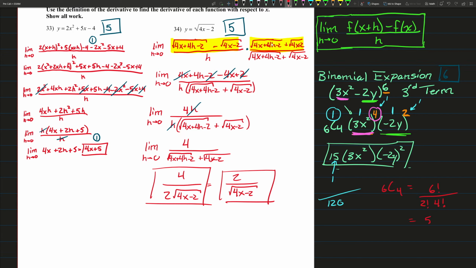So we're left with 5 times 6 up top over 2. 5 times 6 is 30. 30 divided by 2 is 15. So this gets you that.